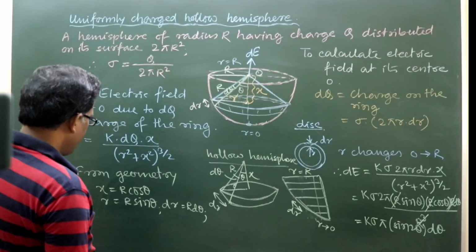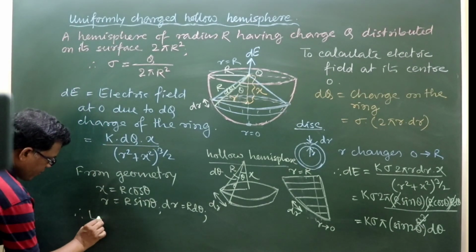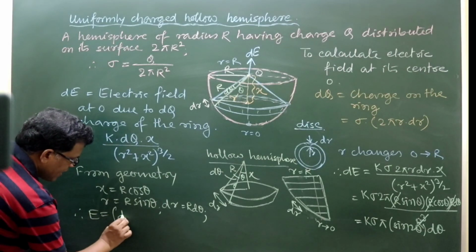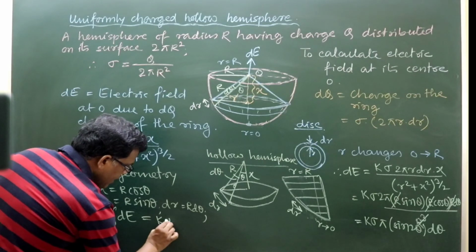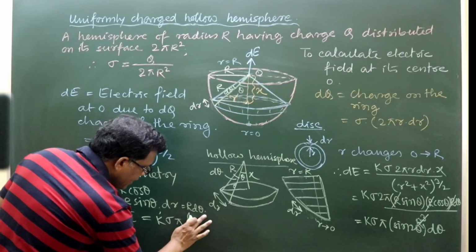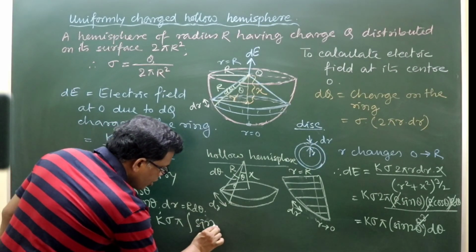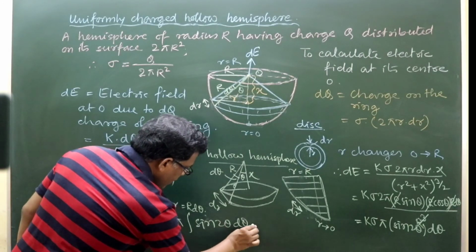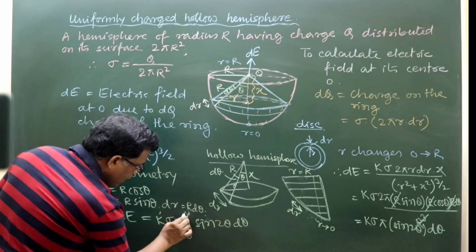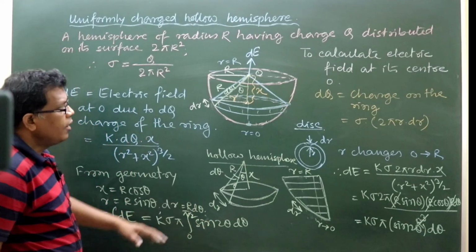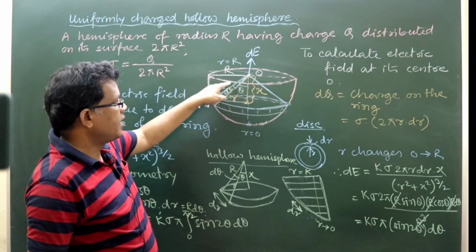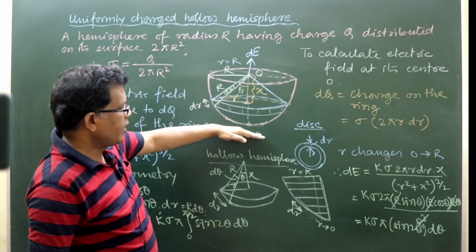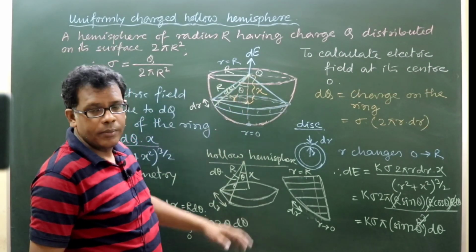So to get the final electric field we will integrate dE, that means we will integrate k sigma pi times sin 2 theta d theta, where the limit of theta will be 0 to pi by 2. Because when the ring is taken at the uppermost cross section, theta will be pi by 2, and when the ring is at the lowermost section, theta will be 0.